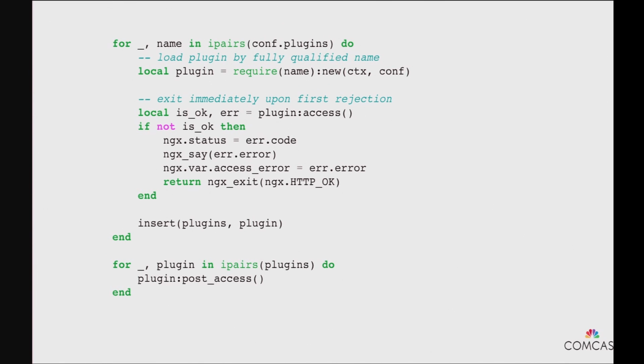The plugin decides what error it should be, 401, 403, whatever. For example, in the rate limiter, it would be 429 for too many requests. And then we exit, so none of the rest of this code will be processed if any of those plugins doesn't accept it. And finally, if it does, then we insert it into the list of things that will be used later. And then at the bottom, we call the post access. Since all of them succeeded, let's let them do their other work.